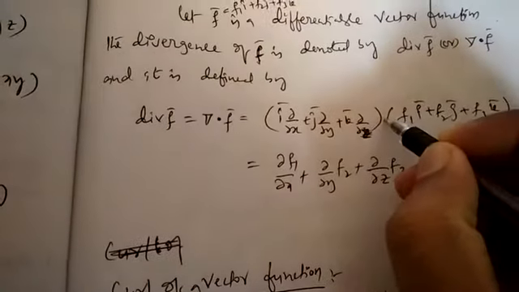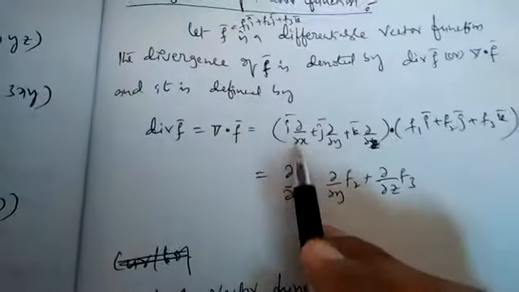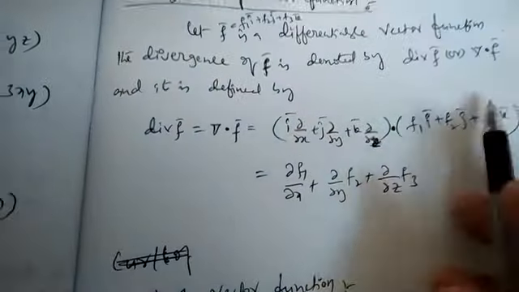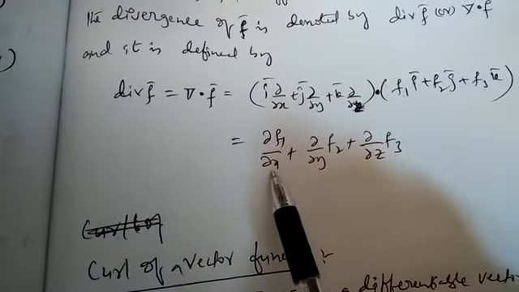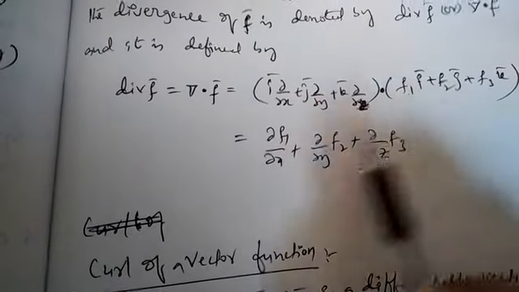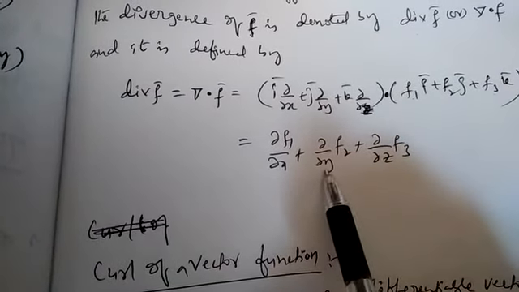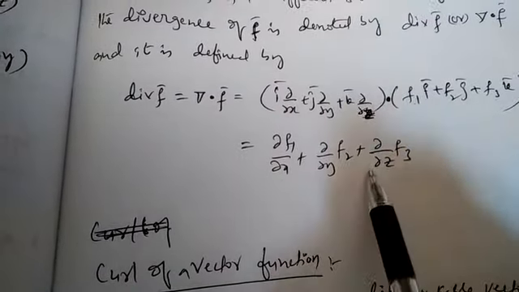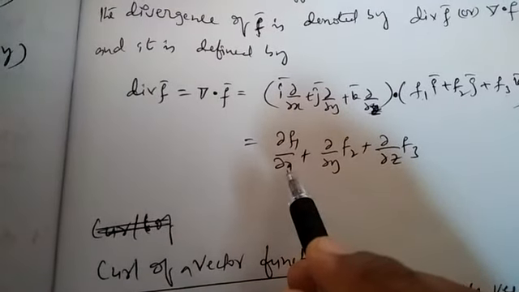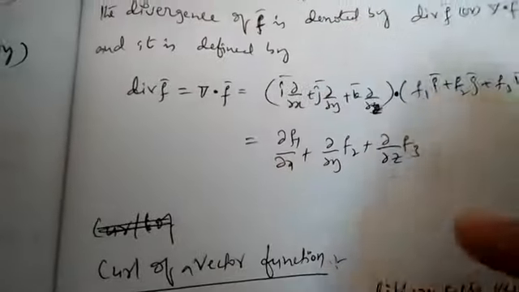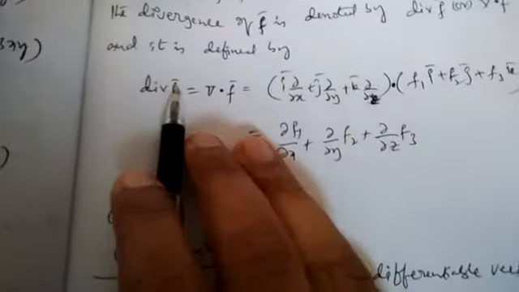How do we apply the dot product? Simply this way: i dot i is 1, and the remaining combinations are 0. Therefore dou f1 by dou x plus dou f2 by dou y plus dou f3 by dou z. Find the derivatives along x, y, z for f1, f2, f3 respectively, and you get the divergence of f.